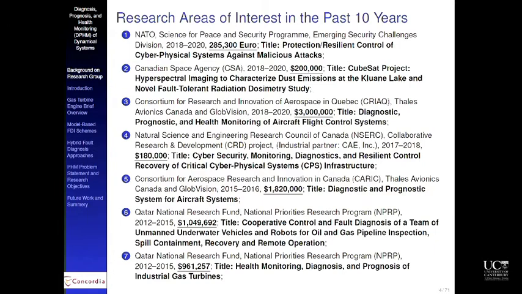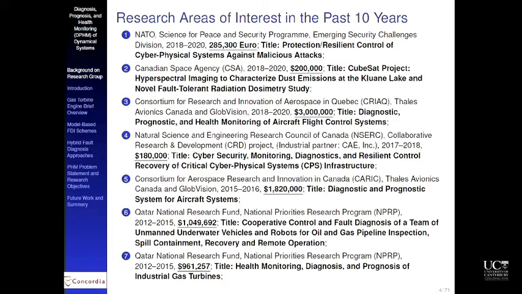So the first one is a project by NATO in Brussels, dealing with cyber physical system security and resilient control recovery. This is a project funded by the Science for Peace and Security program that NATO has. And it involves 4 universities from 4 countries.